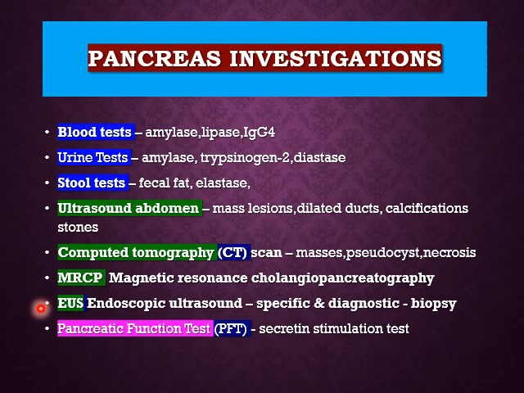Endoscopic ultrasound or EUS gives a close-up view of the lower end of the pancreas, the head of the pancreas and the pancreatic ducts, and even allows endoscopic biopsies of this region. The last one I mentioned here is the pancreatic function test or PFT, which is also known as the secretin stimulation test.